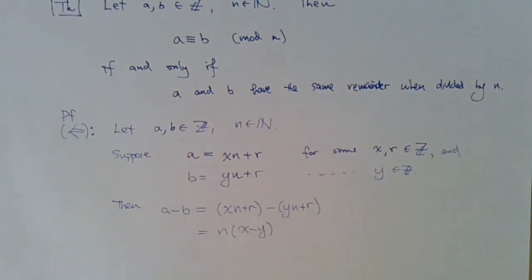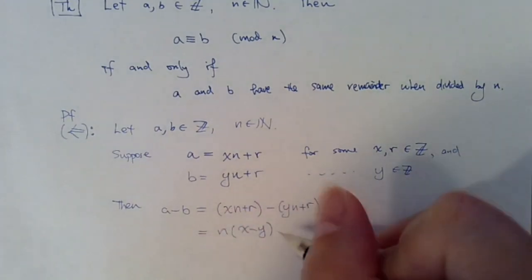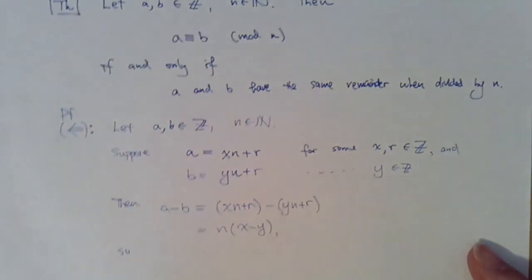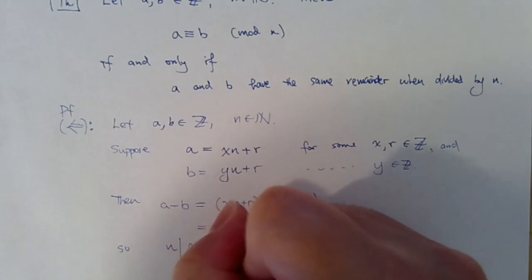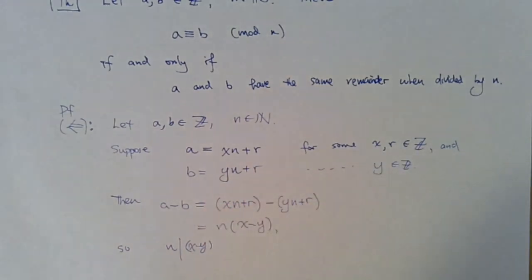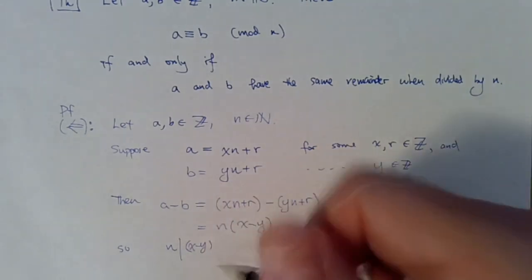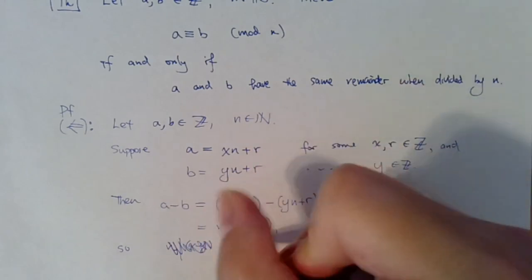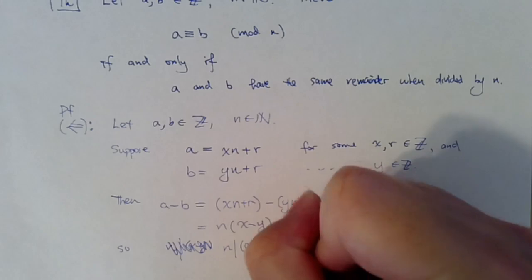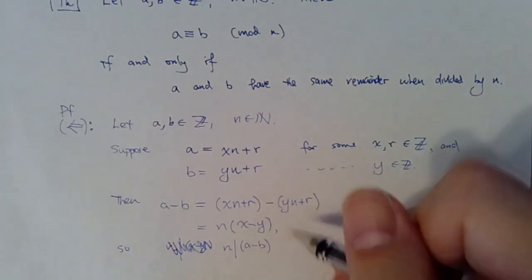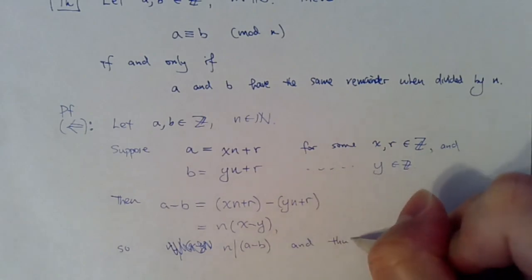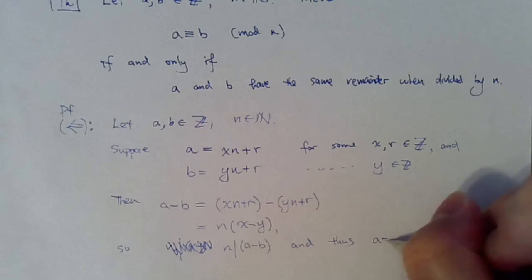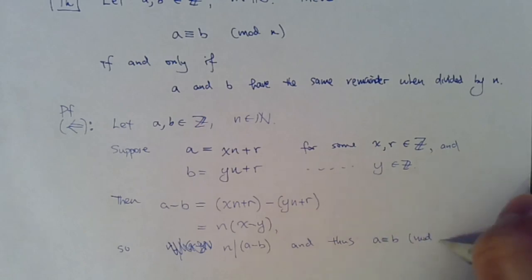And so that means, using the same reasoning as above, n divides a minus b, and thus a is congruent to b mod n.